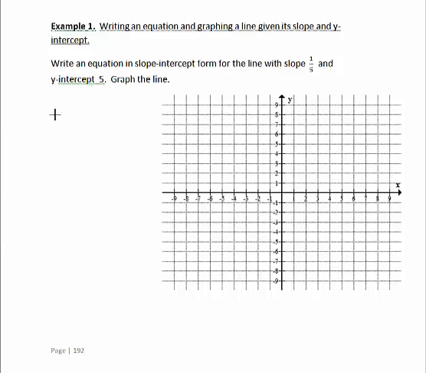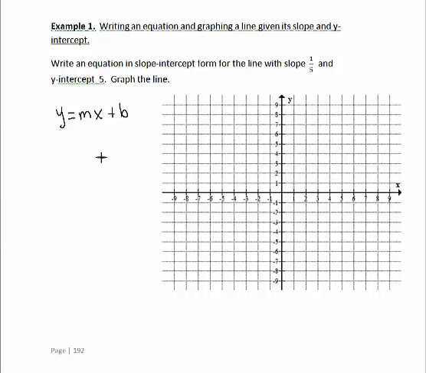So the most important thing for solving this particular example is just to simply memorize the slope-intercept form of the line. That is y equals mx plus b, where m is the slope and b is the y coordinate of the y-intercept.